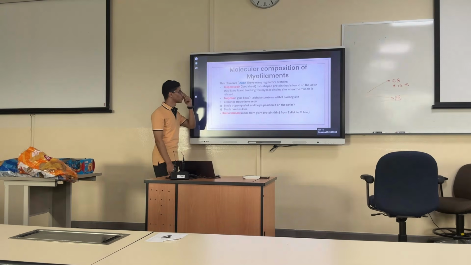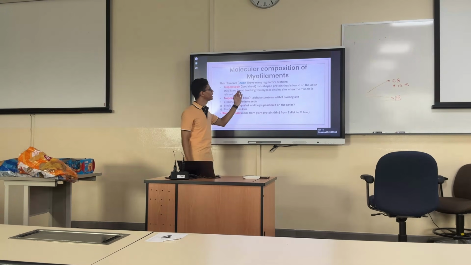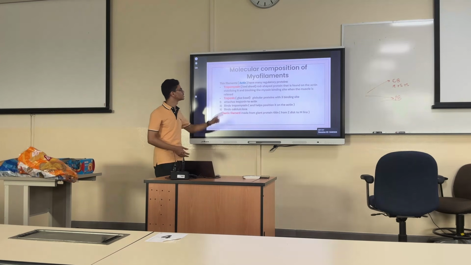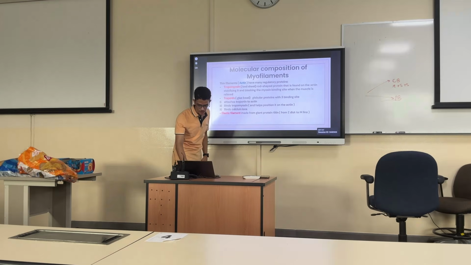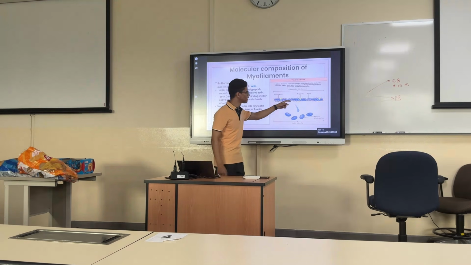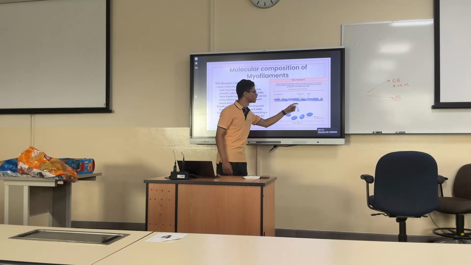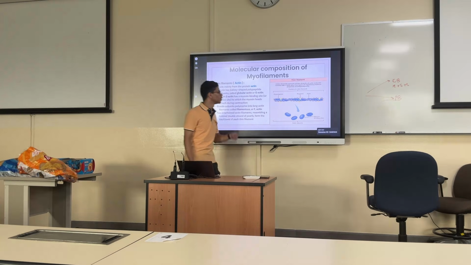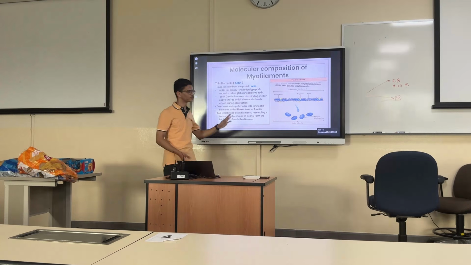Actually, there are many regulatory proteins associated to actin, so we need to know them as well. First one is tropomyosin. As you can see in this picture, actin isn't alone. There is this yellow or orange thin strand that's covering all the active sites. So what is tropomyosin?